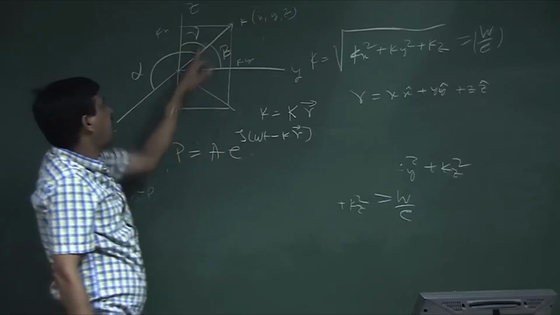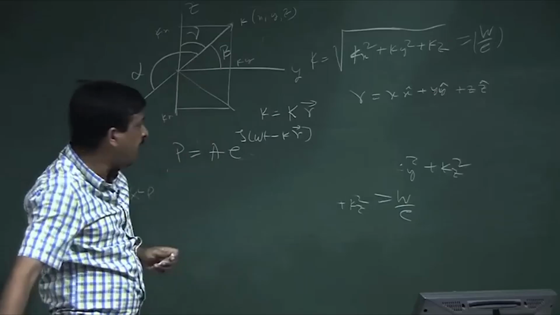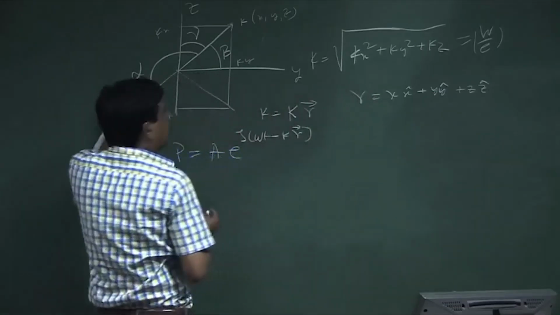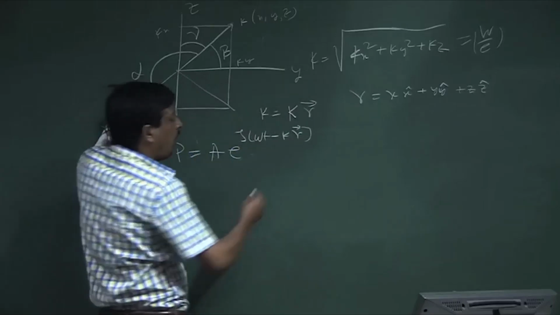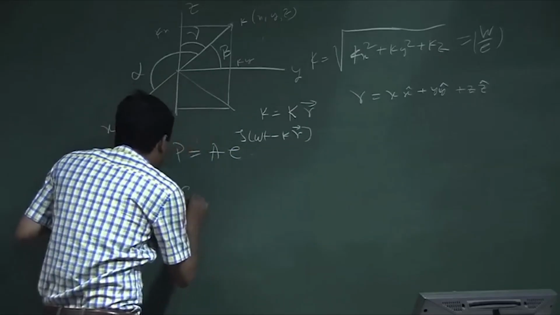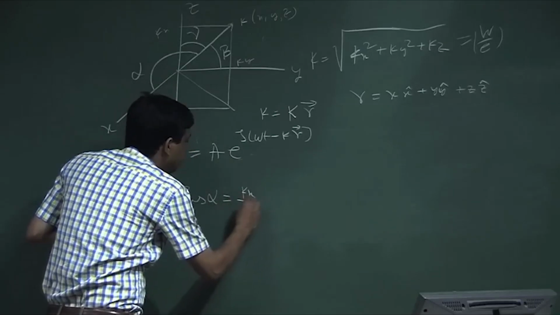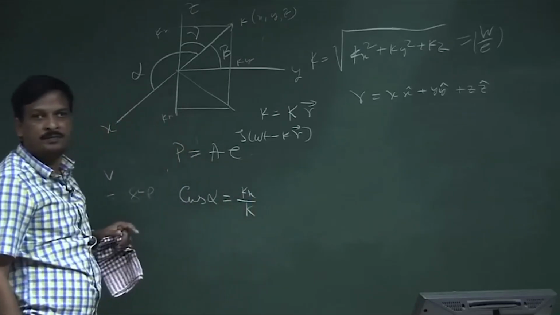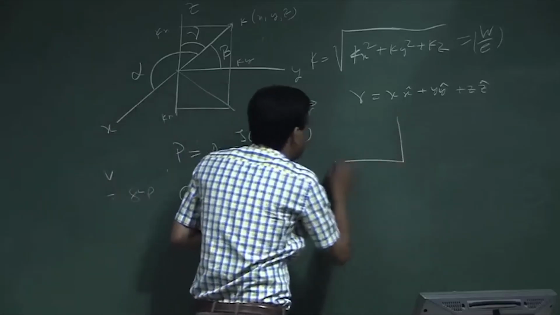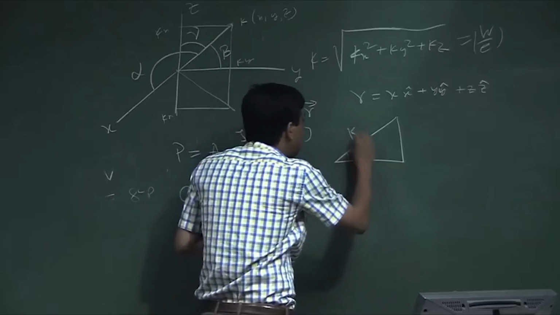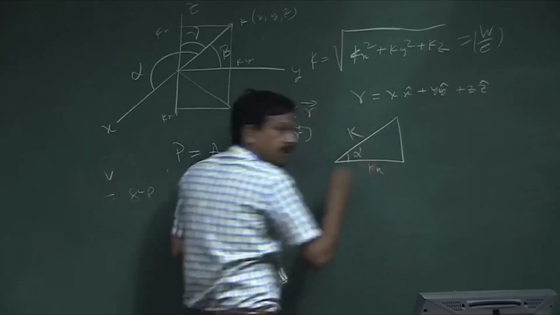Okay. Now, what is r? If I say that k has an angle alpha with the x axis, I can write cos alpha is nothing but kx by k. If I have a trigonometric system, if the angle is alpha, this is k and this is kx.